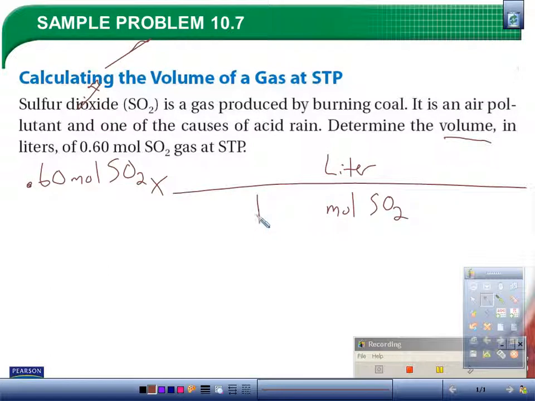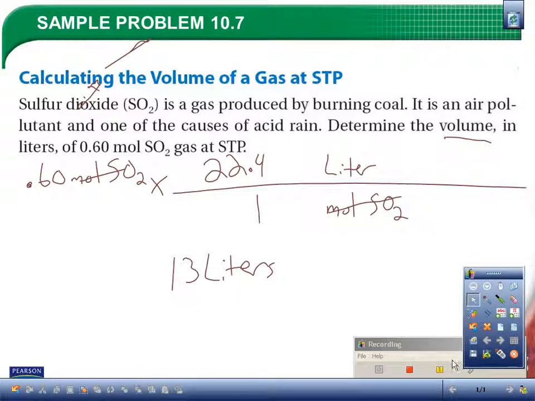It's always 1 mole, just like the other problems. And my constant is 22.4. Okay, I cross off my like unit. And I multiply, goes across. And that's it. That's all I got to do. It's always 22.4. It's a constant.